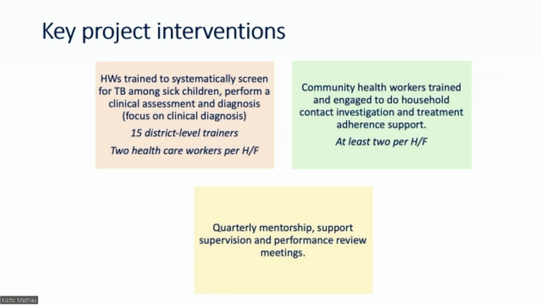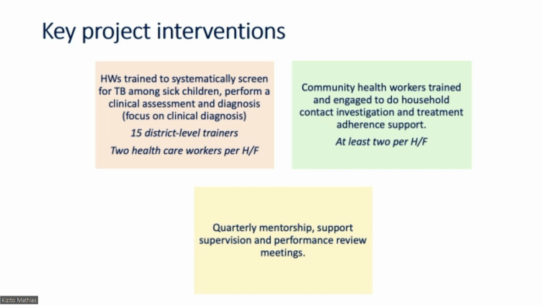So what did we do? We had 2 approaches: capacity enhancement at the facility and capacity enhancement within the community. We trained health workers in a systematic manner. We had district mentors who were trained, and we identified 15 district level trainers.